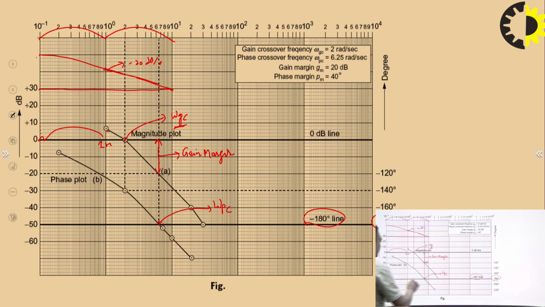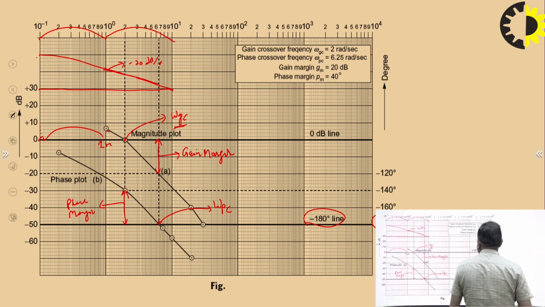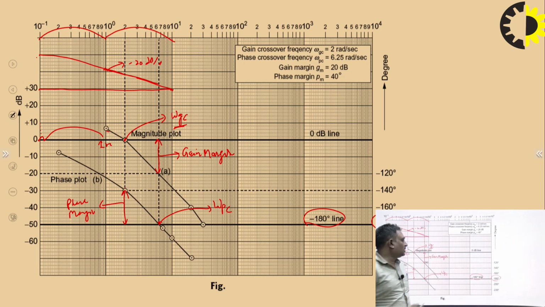And in this case, this is the line which is the gain crossover frequency, and this is your phase margin. If your gain margin is measured below the 0 dB axis, then it will be positive, and if the phase margin is measured above the minus 180 degree line, then it will also be taken as positive.